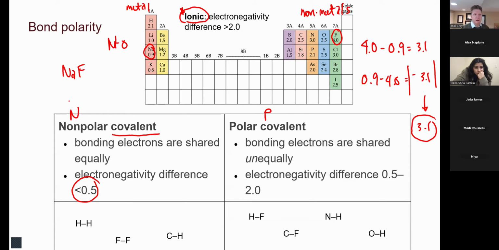The difference is 0.5, so that would be a polar covalent bond. But what about carbon and nitrogen? Same thing. 3.0 minus 2.5 is 0.5. But what about carbon and phosphorus? Perfect. That would be a nonpolar covalent bond.